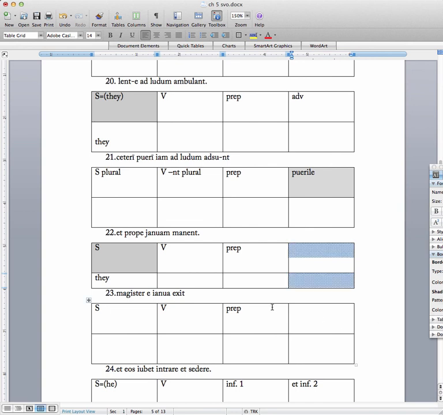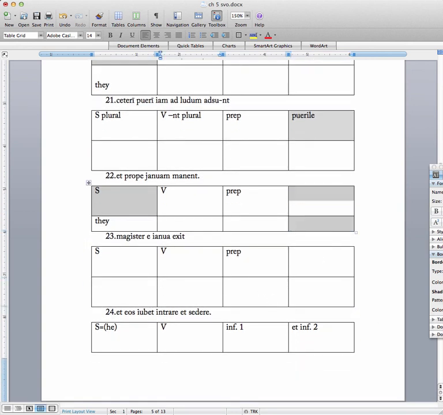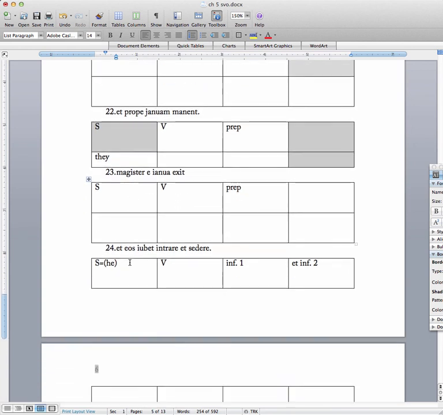There's nothing in the fourth column. Okay. 23, magister is a nominative form, like puer is the nominative of boy. Okay. So that ending can be nominative. Yeah, everything else should be self-explanatory by now.